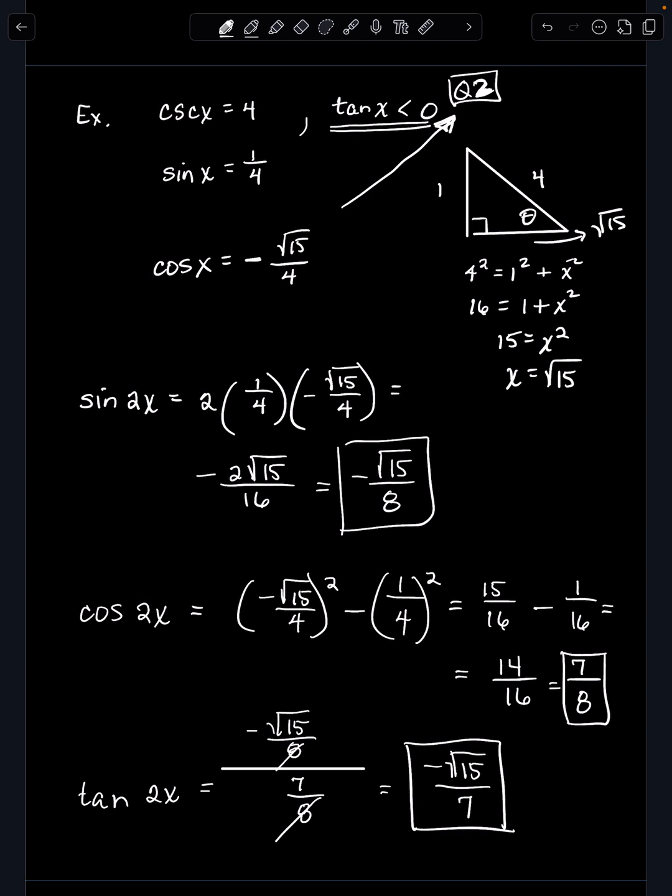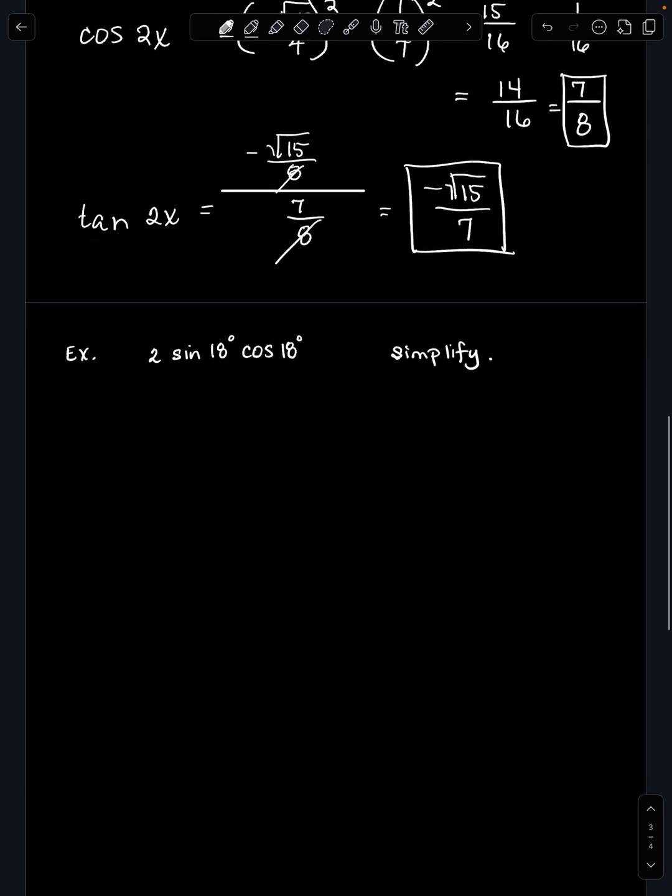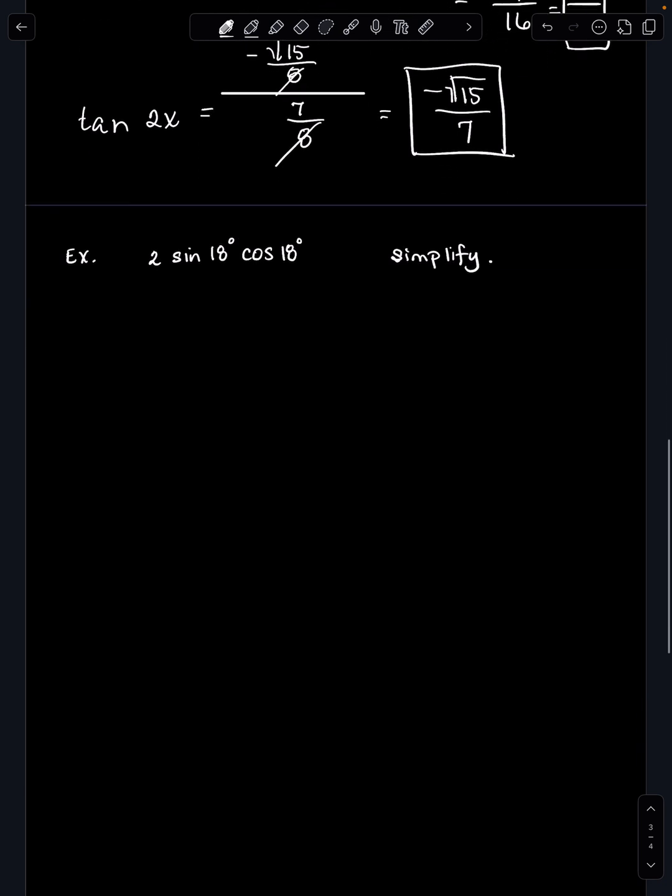Okay, one more of these. And this is one like we've worked before, where we are actually supposed to use our formulas and work backwards. So hopefully you're recognizing this. I've got 2 times the sine of x times the cosine of x, which is the double angle for sine, right? And x in this case is what?